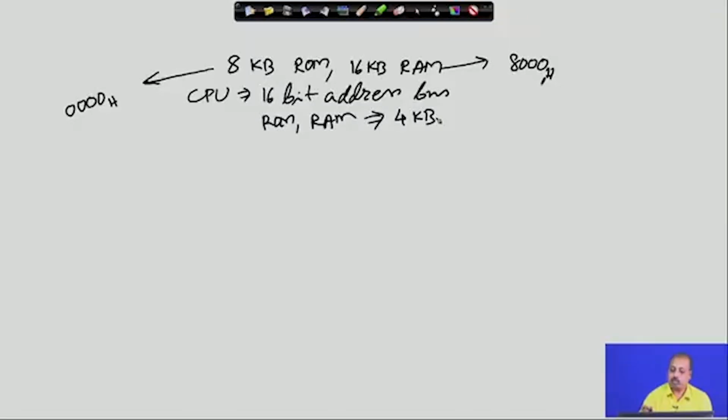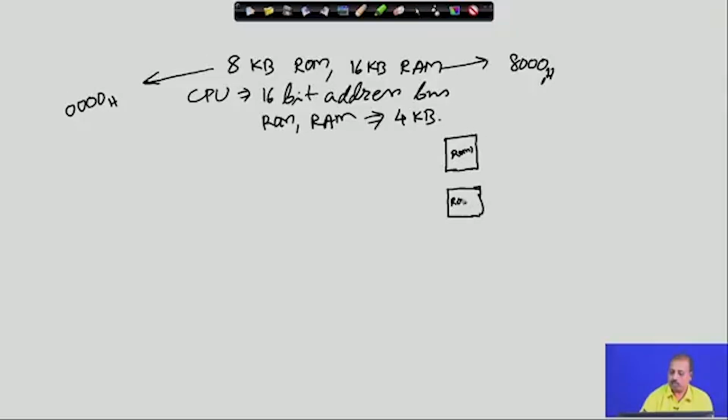If we want a representation, suppose the first 2 chips that I put are the ROM chips. We call them ROM 1 and ROM 2.